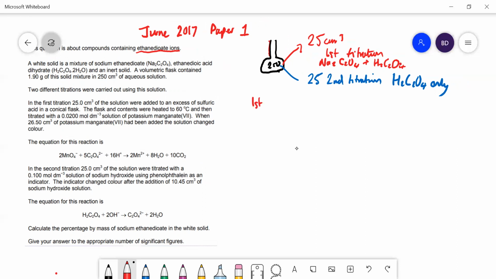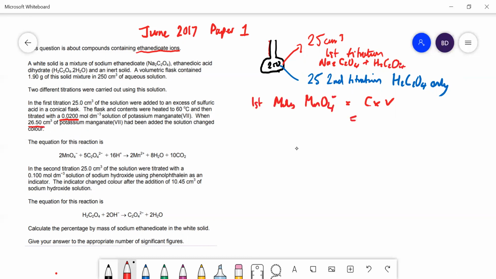First titration, we can find the moles of manganate. That's equal to the concentration times the volume. The concentration is 0.02 and the volume is 26.5 centimeters cubed.